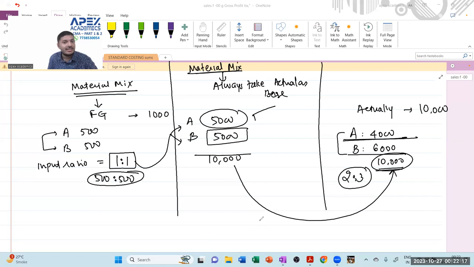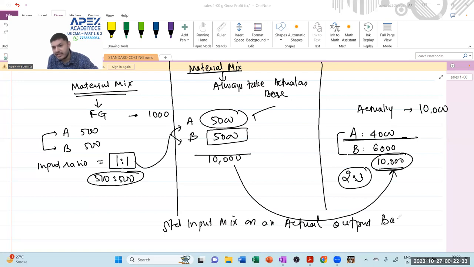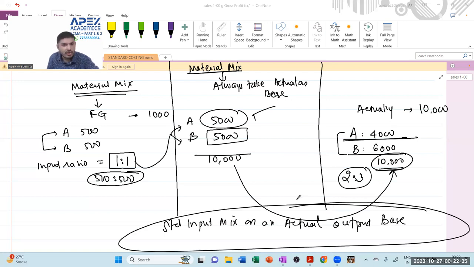So here it can be seen that I am comparing standard input mix on an actual output base. This is called material mix variance.